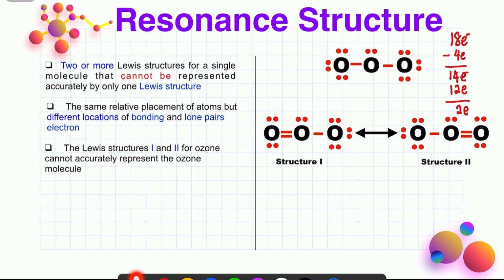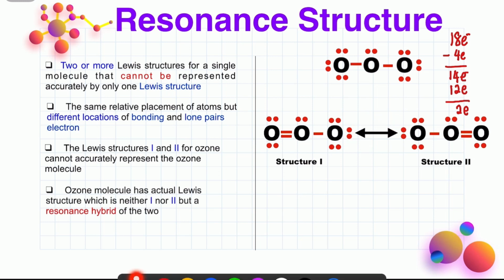So to show that it has resonance structures, you have to draw both resonance structures, and then show the connection between these two molecules by using the resonance arrow.